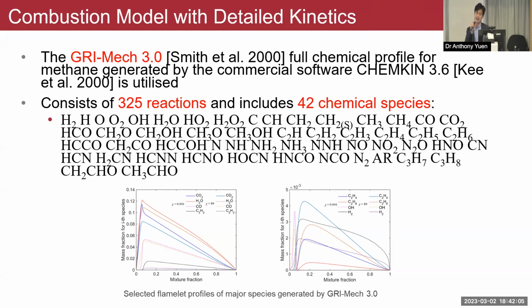You can use ChemKin to generate the kinetics by using GRI-Mech 3.0, for example. It has already considered 325 reactions and 42 chemical species. Some of them are pretty essential, such as CO and hydrogen cyanide, which are major toxic compounds that we want to study in a fire environment.